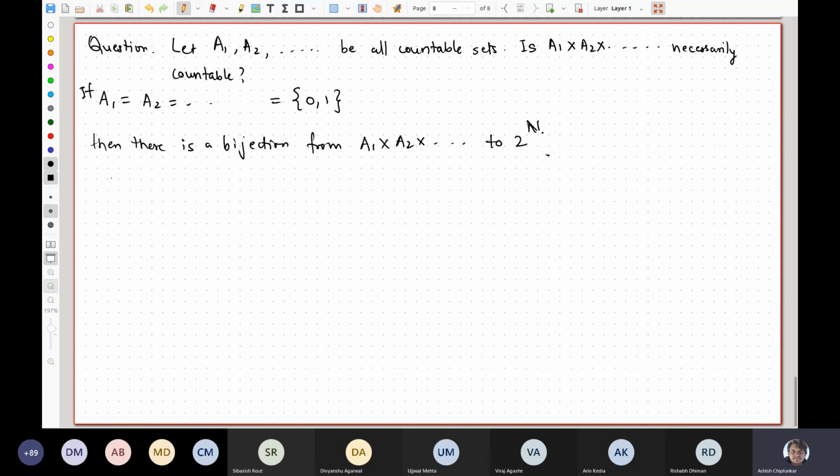If you have this infinite bit string A1, A2, and so on, this goes to the set of all I such that AI is equal to 1.